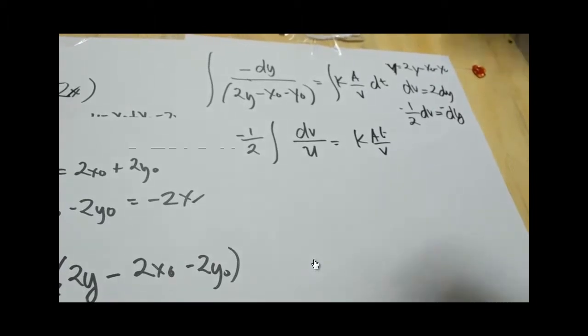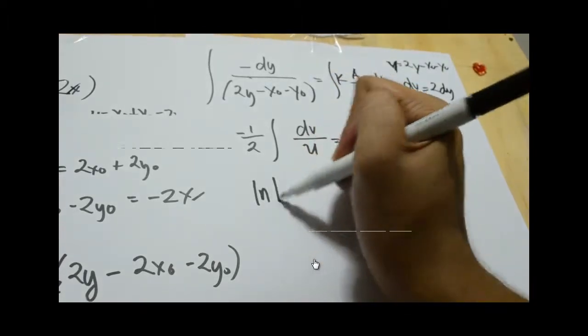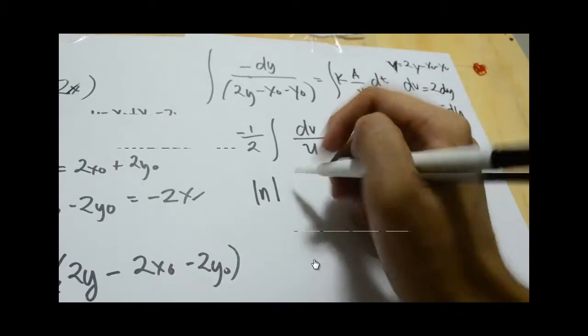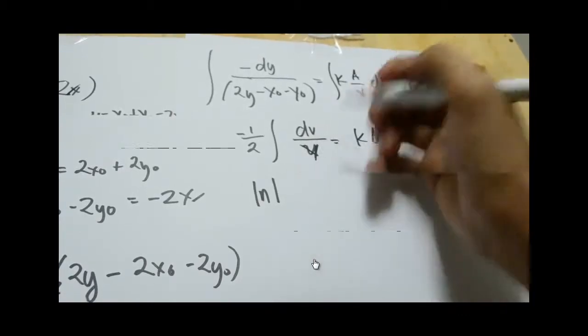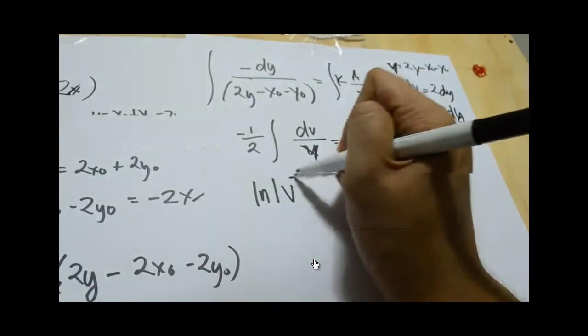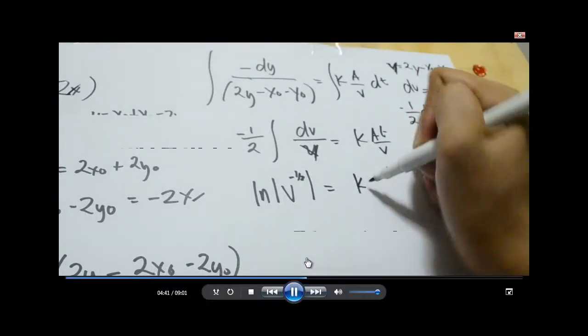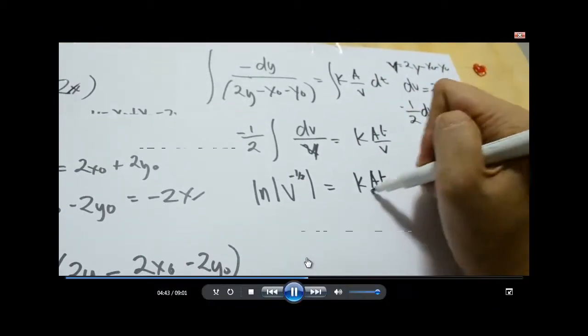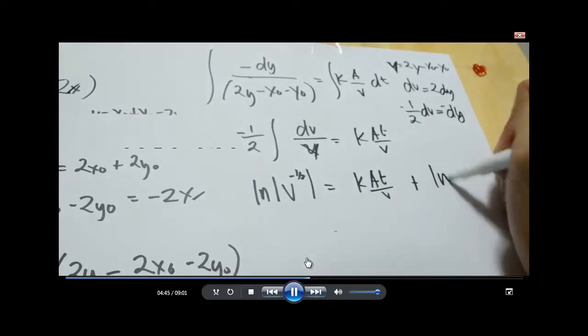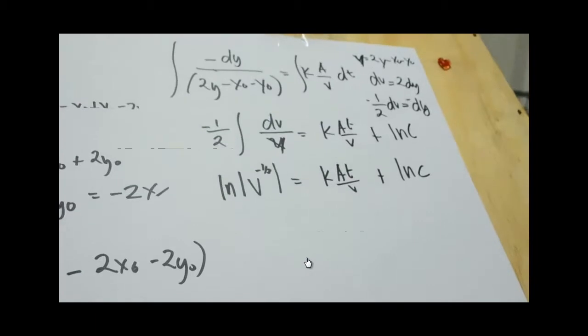And integrating it, we have ln of u, or v, yeah, remember we are using v, to the negative 1/2 is equal to k a t over v plus ln c. Sorry, I forgot to put the ln c here.